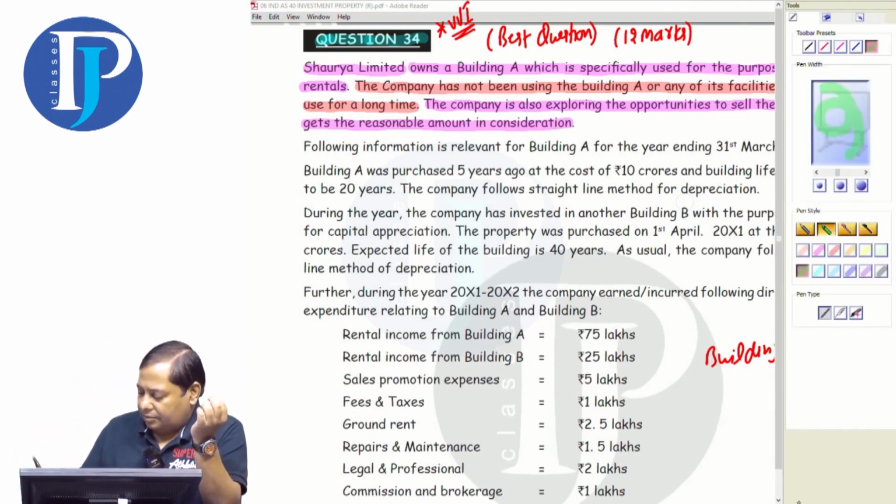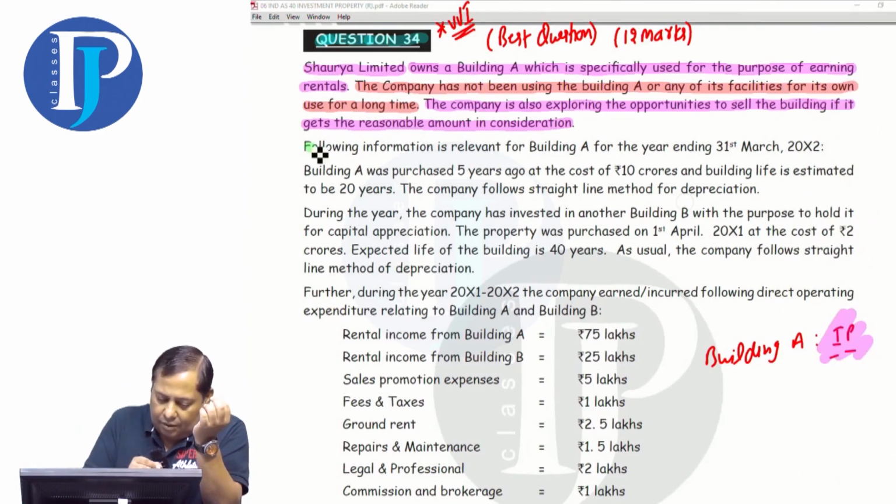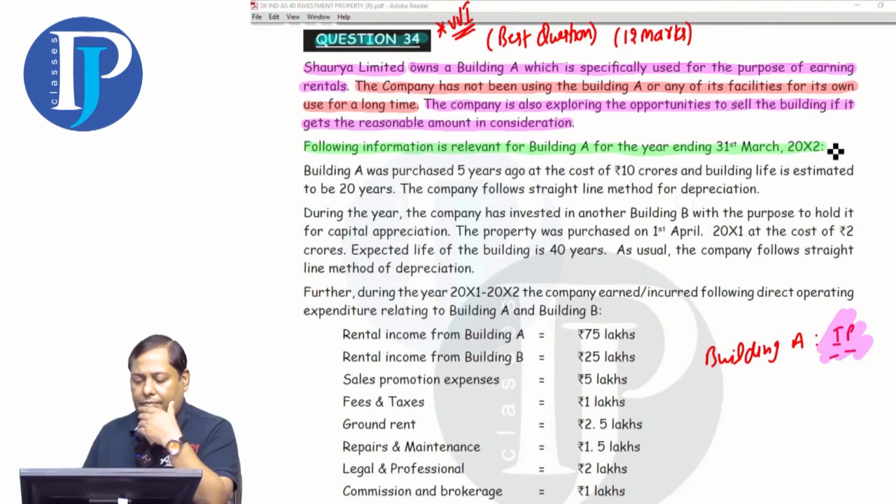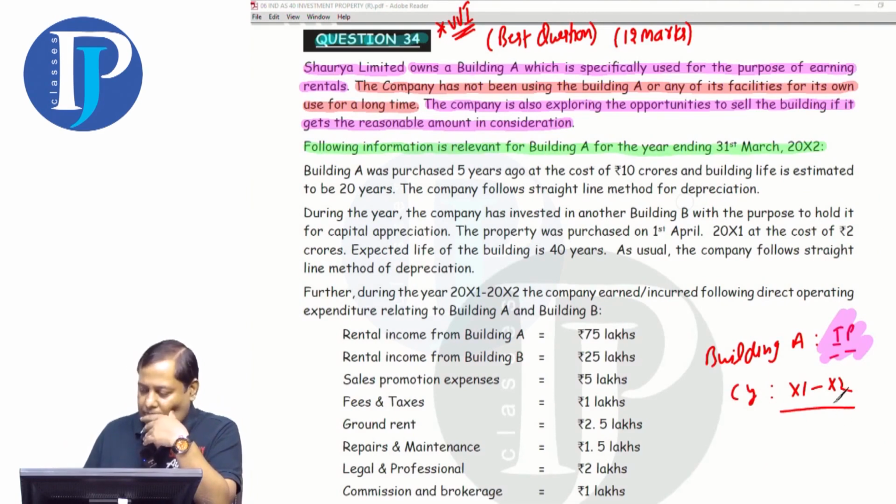Let's read the question further. Following information is relevant for building A for the year ending March X2. This means our current year to be taken here is X1 and X2. Let's see what is next.